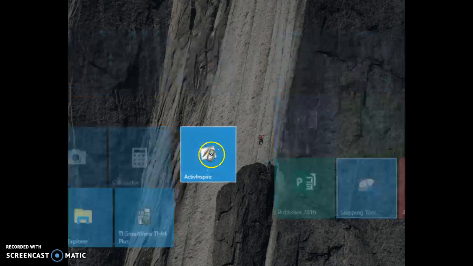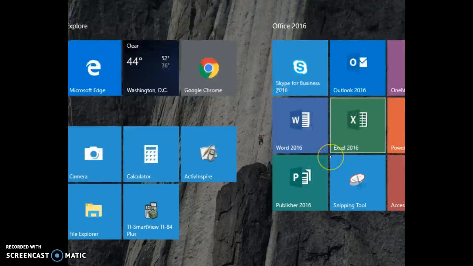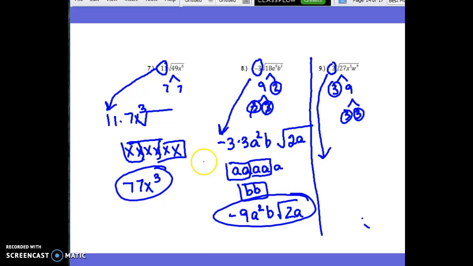Whoops, I did that again. All right, moving on to number 9. 27, we've got 3 times 9, and we've got 3 times 3. This 2 on the outside is going to get multiplied later. Our index is 2, so we're looking for our pairs. So this 2 gets multiplied by 3, because we've got one set of 3's.